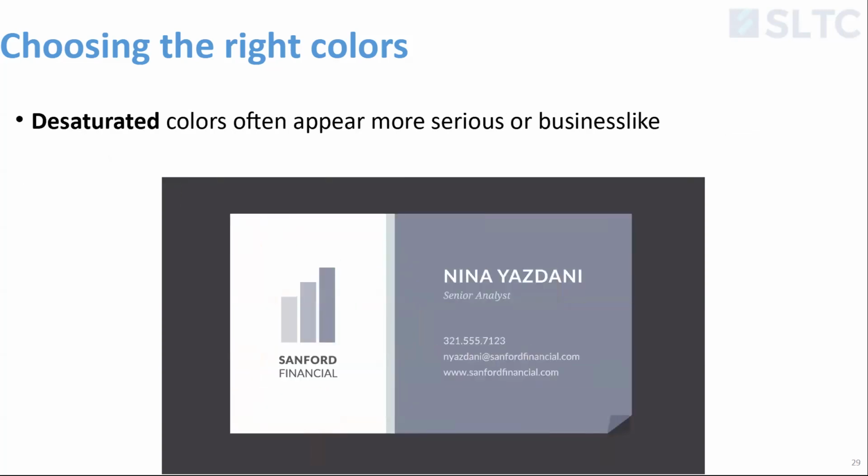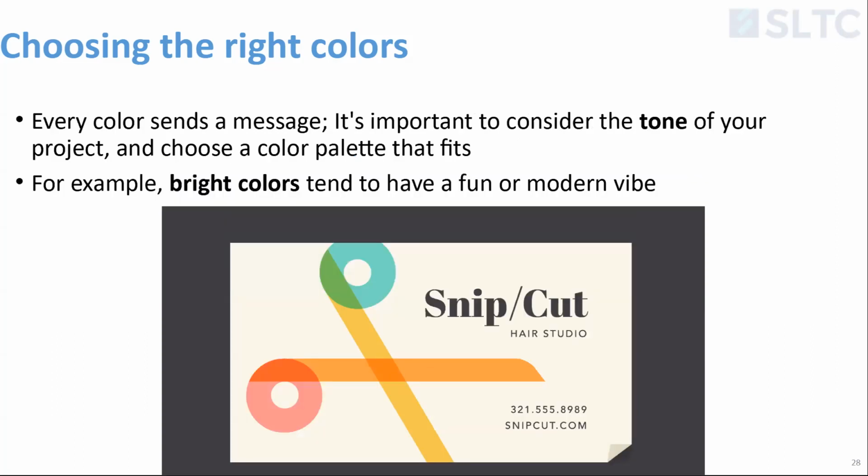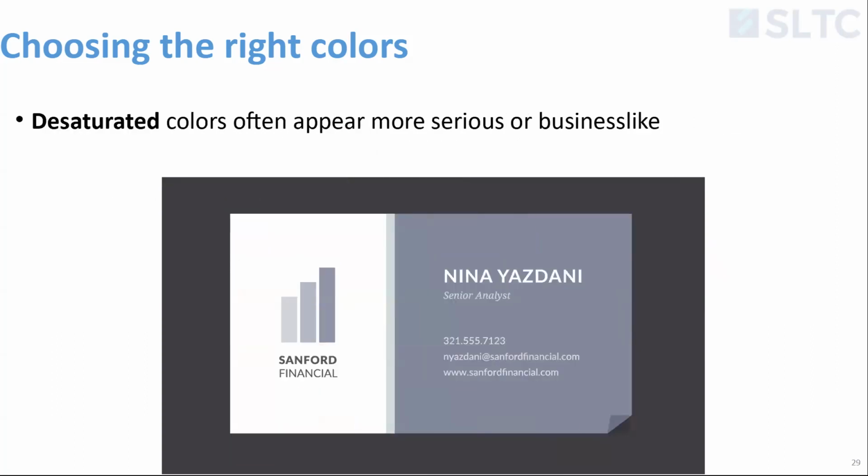Whereas this one is a corporate business card, Stanford Financial. So it looks like someone from the financial sector. So here we can't be playing around. We need to be serious. If these colors were used here, we may be giving a different message to the people. So here we are giving a serious message.